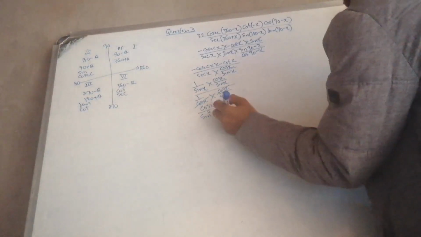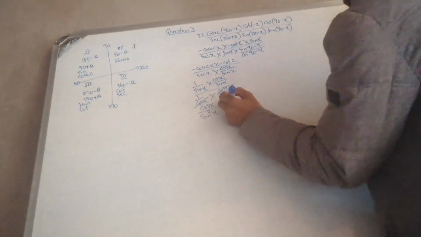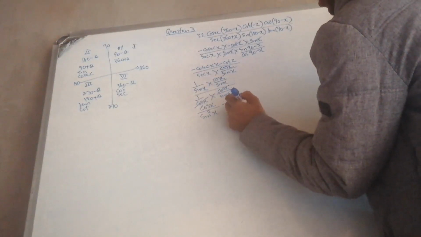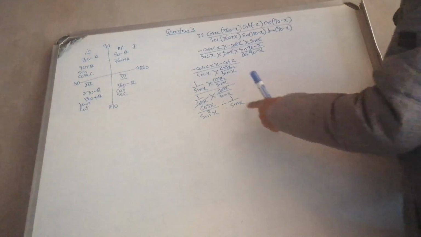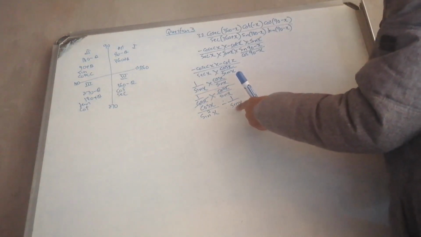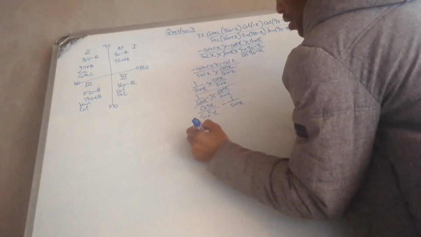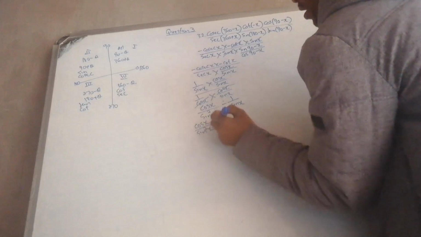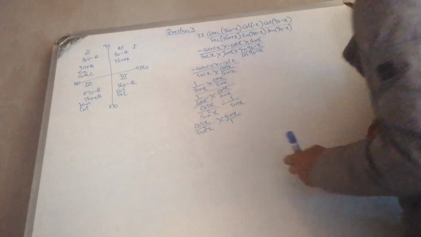Okay, this is being divided by 1 over sine. Okay, that is fine. Let's change division to multiplication. Cos x sine squared x, this would be sine x all over 1.